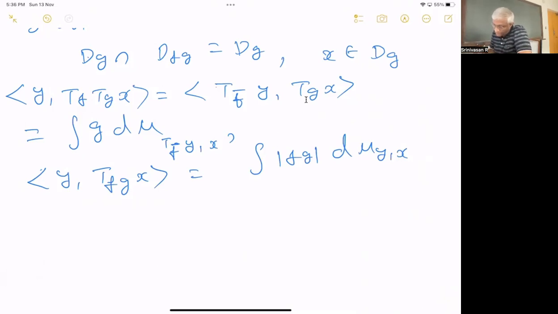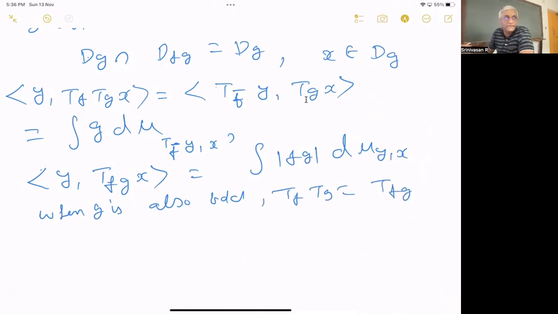Since F is bounded, we have to argue again and again: when G is bounded, these two are equal. We have computed the calculation for general G, but when G is bounded, TFTG is equal to TFG.